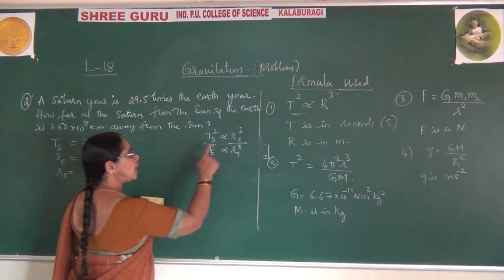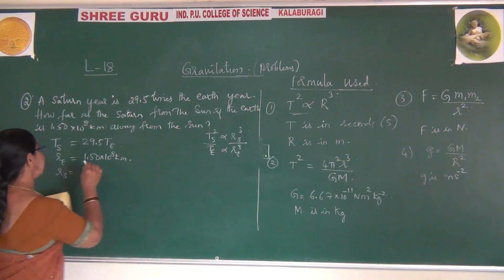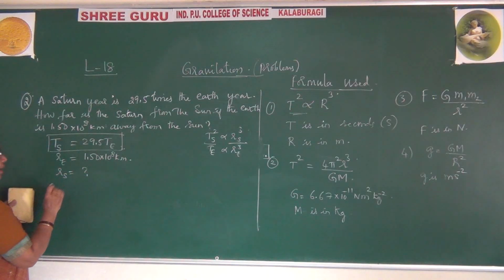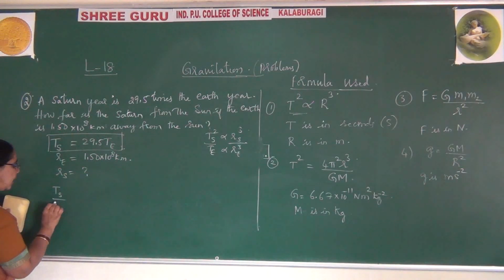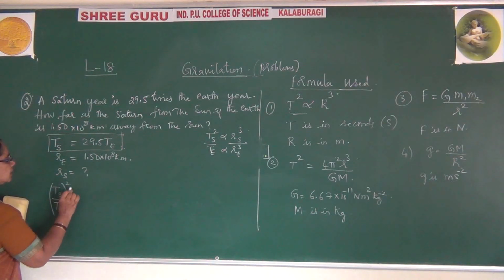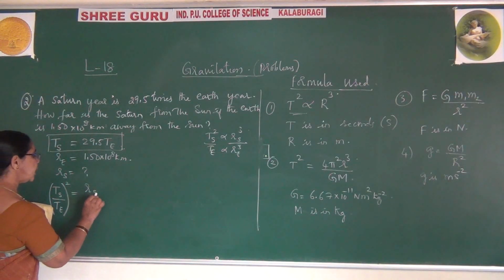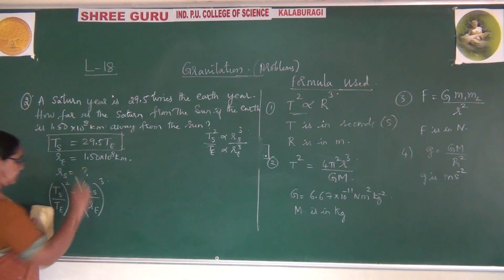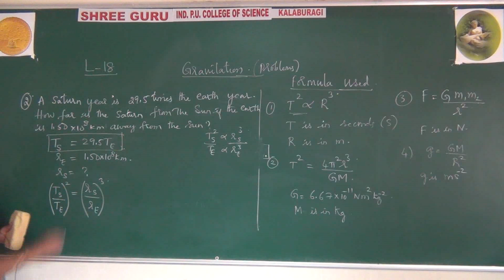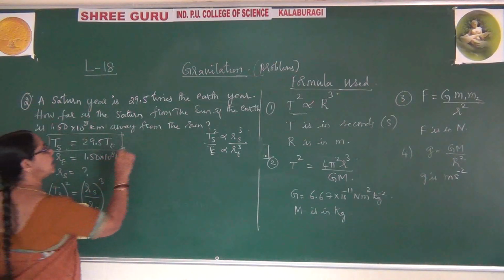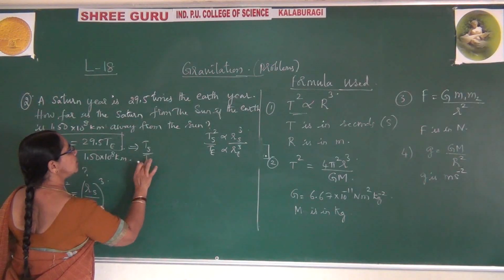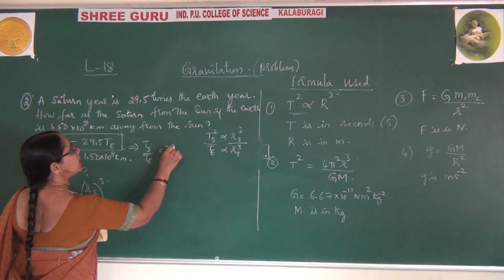Now as per this condition, I write the formula like this: TS by TE whole square is equal to RS by RE to the power of 3. Now this expression can be written like this, TS by TE is equal to 29.5.